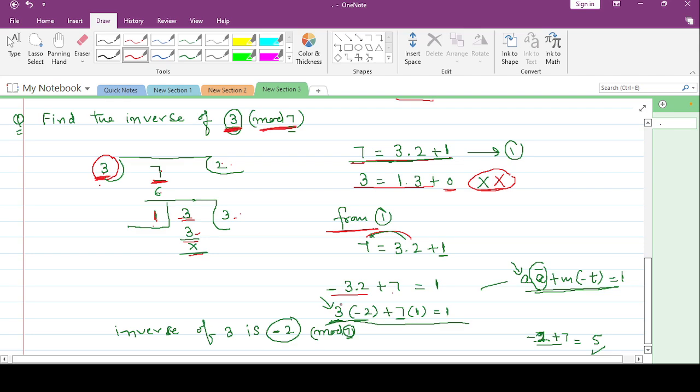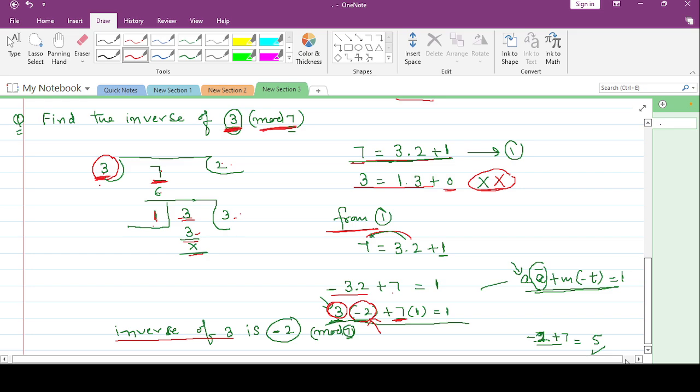Now see here that this is your number 3, and with this you have its inverse. And 7 is the divisor. So we can say that the inverse of 3 is this number, minus 2.